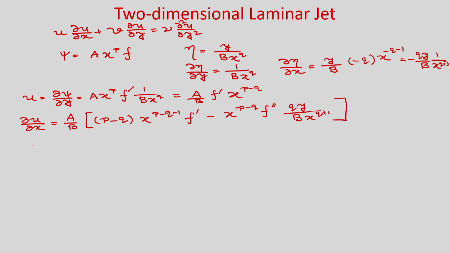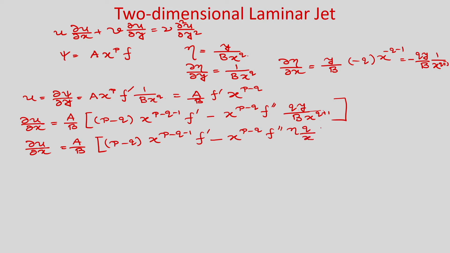So, if you simplify it, then we will get del u by del x as a by b p minus q x to the power p minus q minus 1 a prime minus. So, you can see here y by b x to the power q we can write as eta. So, we can write minus x to the power p minus q f double prime eta q by x.